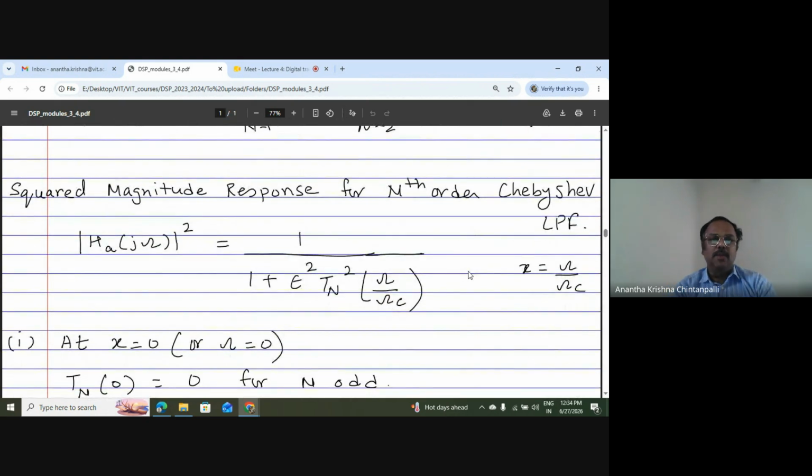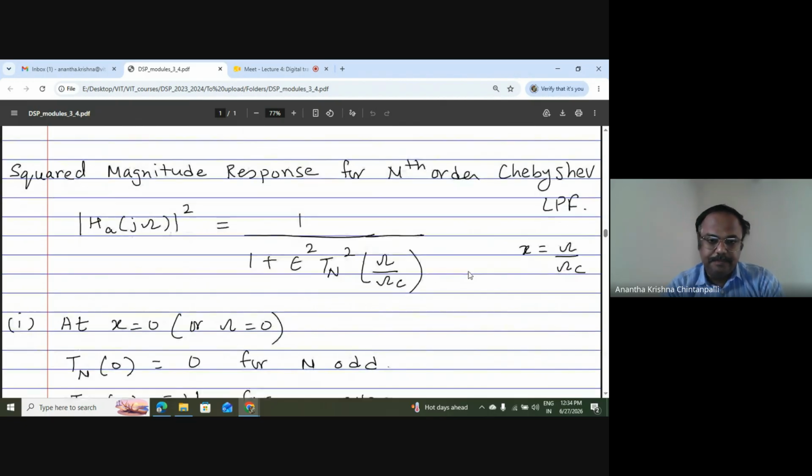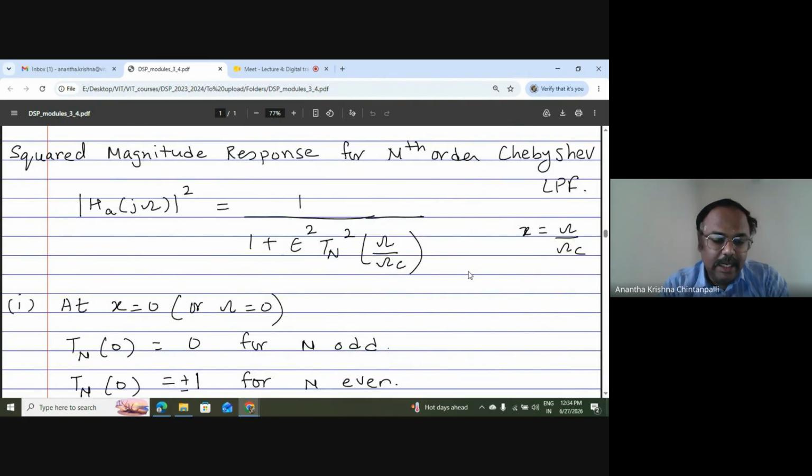Okay. So now let's get back to our square magnitude response for the nth order Chebyshev low pass filter. The magnitude square of H of j omega is given by 1 divided by 1 plus epsilon square Tn square of omega divided by omega c, where x is omega divided by omega c. Now, when x is equal to 0, that means omega equal to 0.